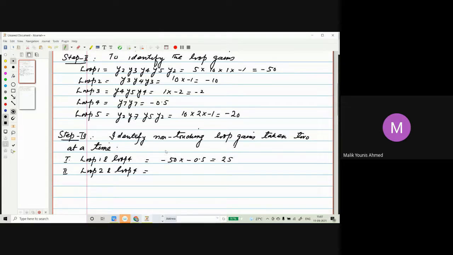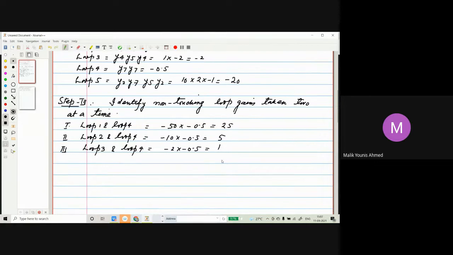Loop 2 and 4, that means minus 10 and minus 0.5, that is 5. Third is loop 3 and loop 4. 1, 2, 3 are touching with each other. That is minus 2 into minus 0.5, so that will be 1.